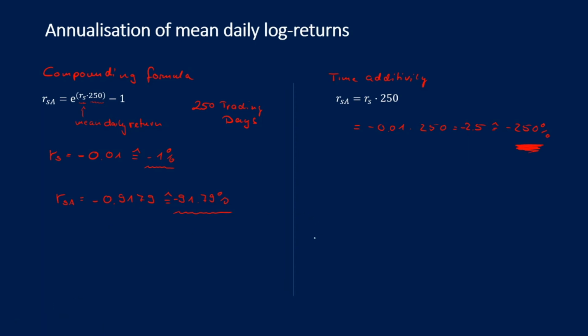So, if we want to have a quick and dirty approach, we can use this one for very short periods of time and very small numbers in r_s, so very small mean daily returns.